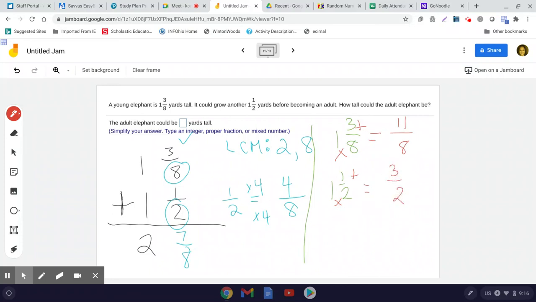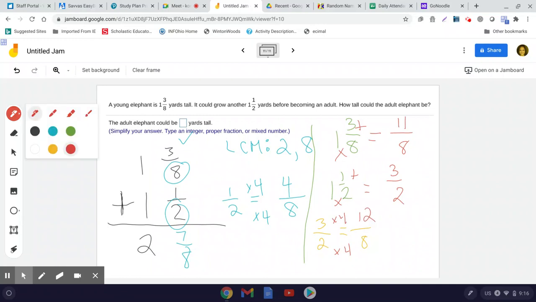The improper fraction 3 over 2 is the same as 1 1/2. So now I need to find a common denominator, which is 8. So this part is kind of the same. Times 4 times 4, which is 12 over 8.